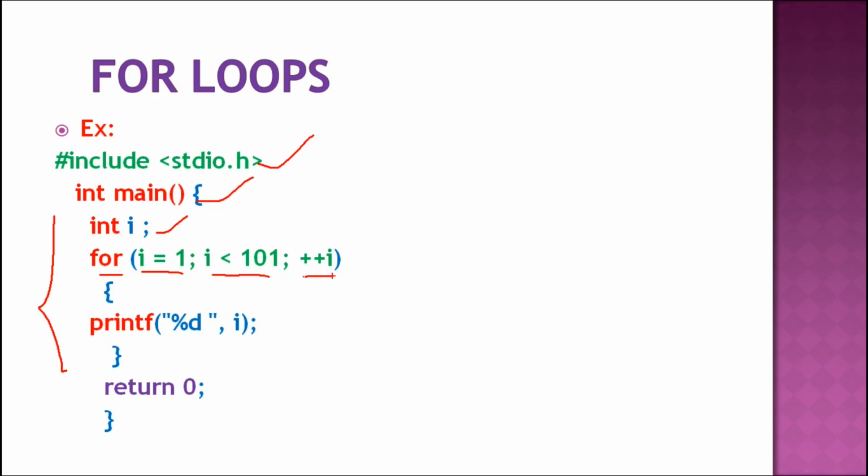we ask it to print the value. First it initializes i to 1, that means it prints the value 1, and after that it checks 1 is less than 101, then it increases to 1 plus 1, that means 2.